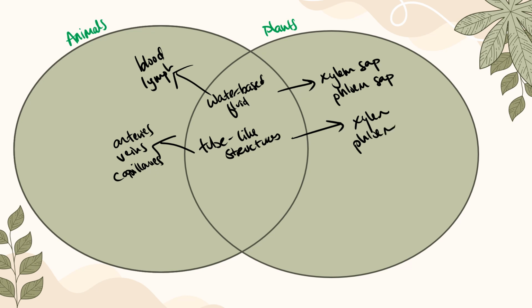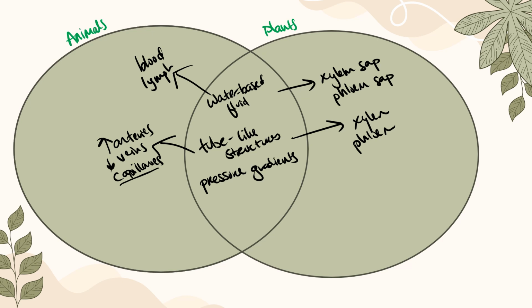Both plants and animals use some pressure gradients to get the fluid to move around their bodies. In us animals, we have hearts that pump really hard to get the high pressure in the arteries. There's a lower pressure in the veins, and so the blood will move through the arteries to the veins, taking that little pathway through the capillaries that allows for that nutrient exchange.